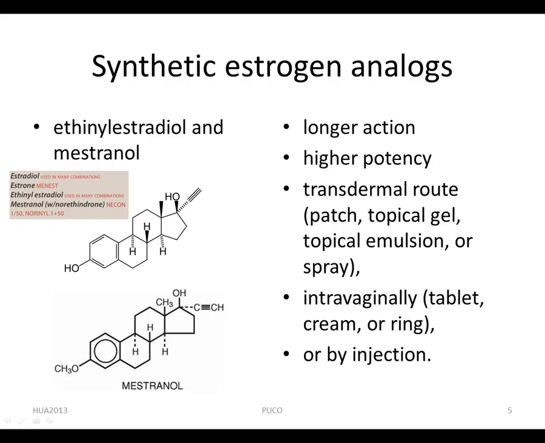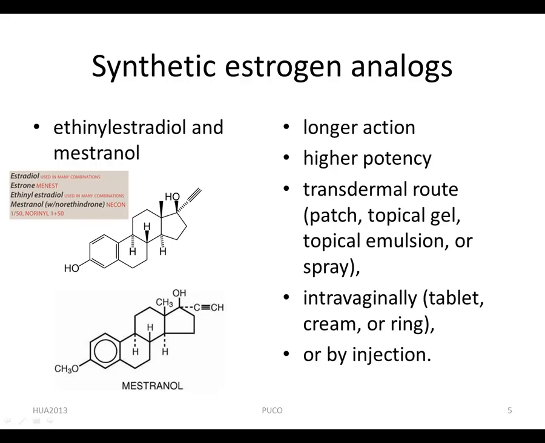Synthetic estrogen analogs are compounds such as ethinyl estradiol and mestranol. The synthetic estrogen analogs have a prolonged action and a higher potency compared to those of natural estrogens. Estrogens are transported in the blood bound to serum albumin or sex hormone binding globulin.